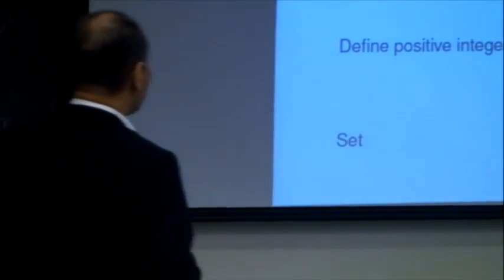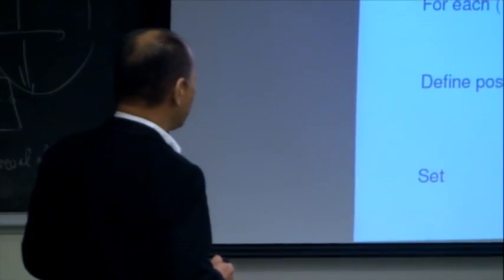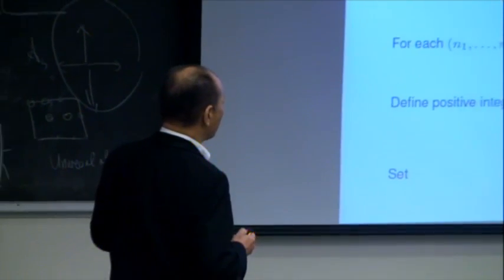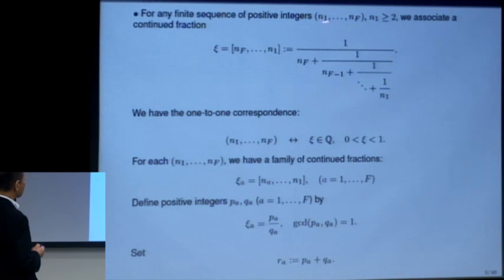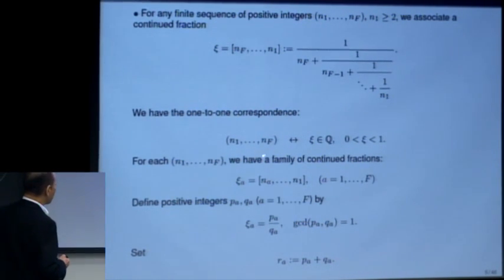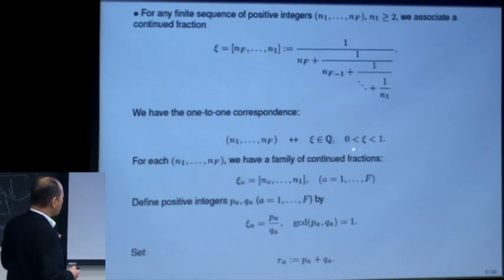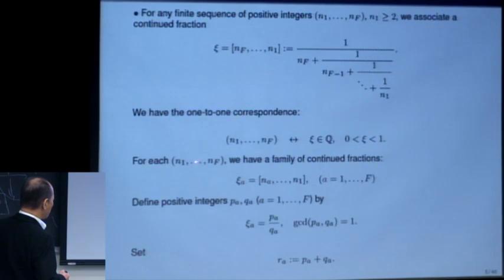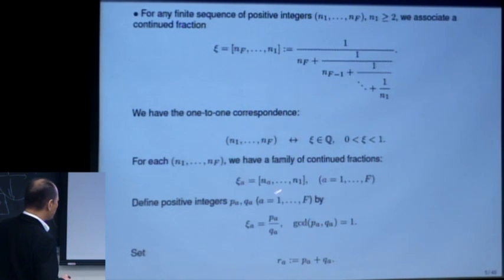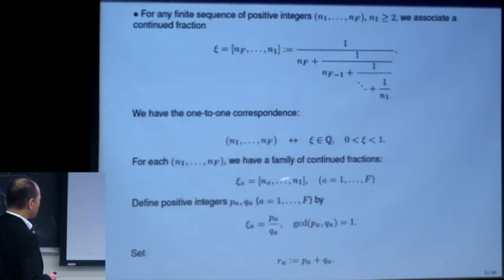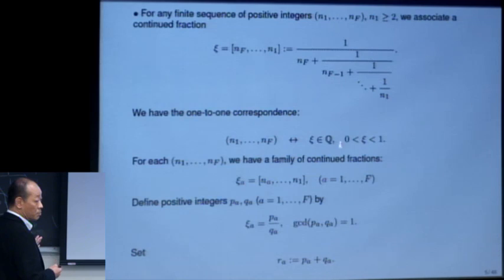Okay. So by this expression, a continued fraction is just a sequence of integers, and we can have a parameterization of a rational number between 0 and 1. Okay, so for each sequence of integer numbers, we also have a family of continued fractions just by cutting this continued fraction at a certain level.